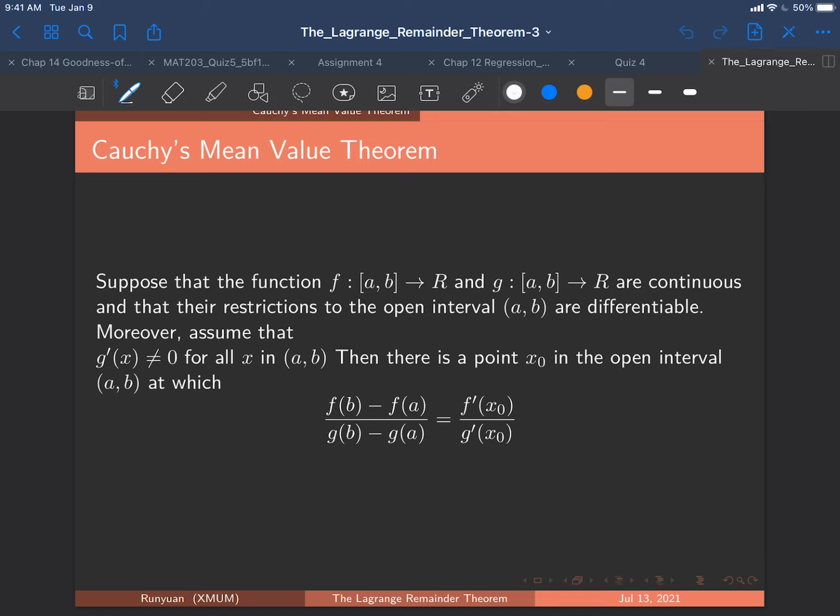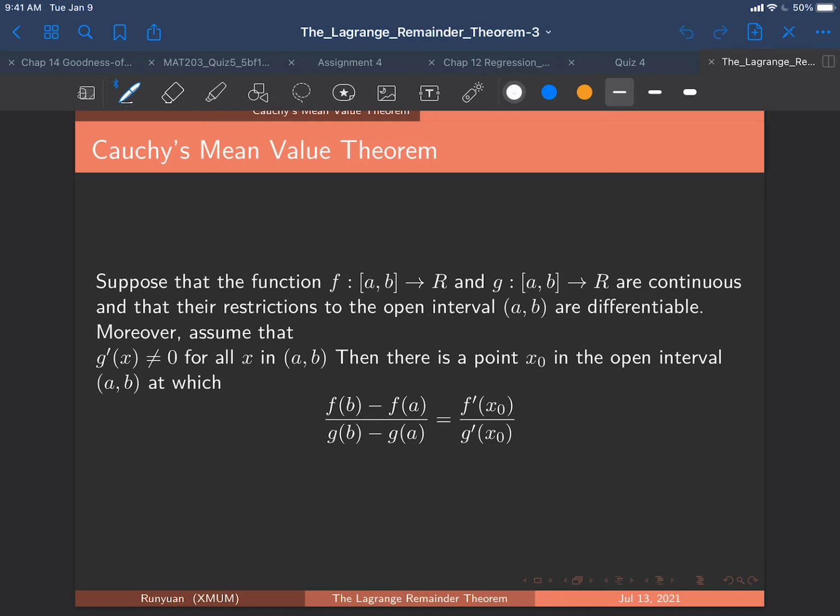Then there is a point x0 in the open interval (a, b), at which (f(b) minus f(a)) divided by (g(b) minus g(a)) equals the derivative of f at x0 divided by the derivative of g at x0.